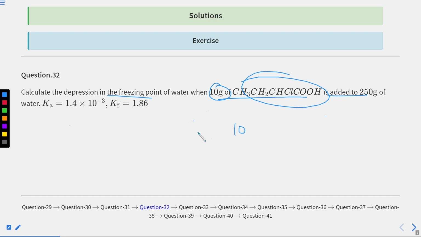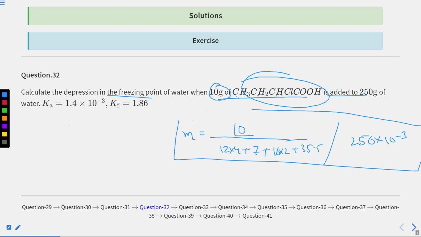So therefore molality is equal to 10 by, carbons 1 2 3 4, that is 12 into 4 plus hydrogen 5, 2 oxygen, that is 16 into 2, plus 35.5, divided by 250 gram of water, so 250 into 10 to the power minus 3. So this will be our molality. We have molality, we have Kf.